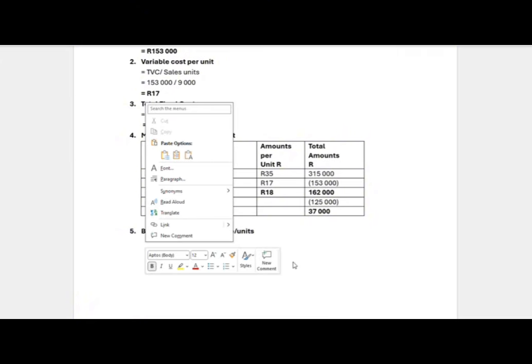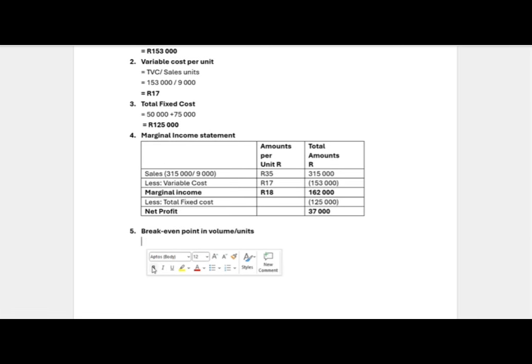To calculate break-even point in units, the formula is equal to total fixed cost divided by marginal income per unit.